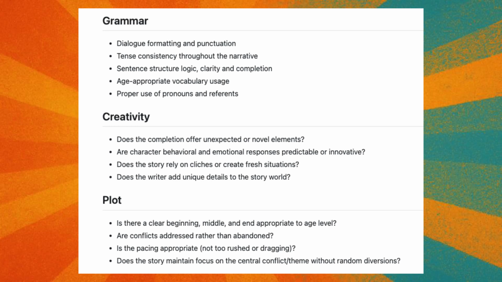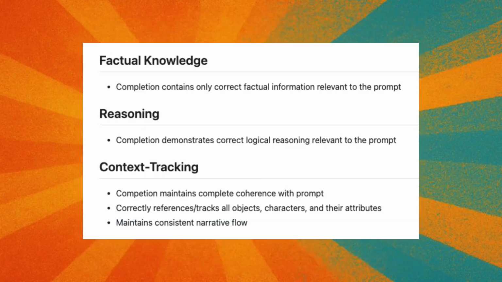But that's why for grammar, the scores can be 0 to 5, creativity 0 to 4, plot 0 to 4, factual knowledge and reasoning 0 to 1, and context tracking 0 to 3. So I do feel like this is taking a risk, and I have a feeling it's going to come back to bite me later on. But at least for now, I want to keep things simple, and more important than simple, I want to keep things certain.